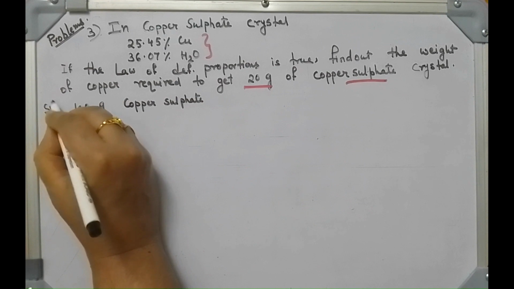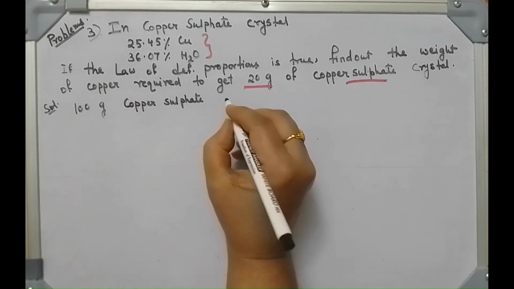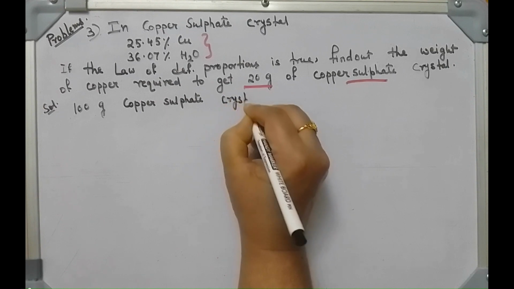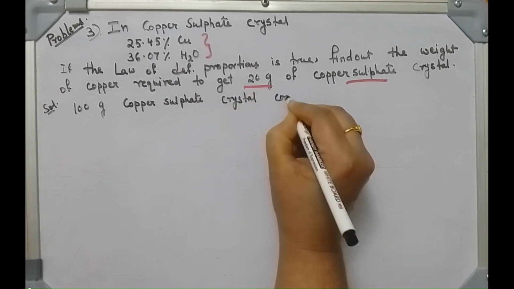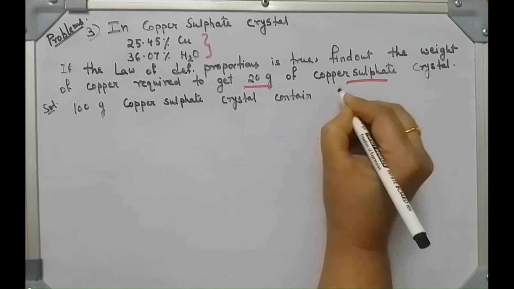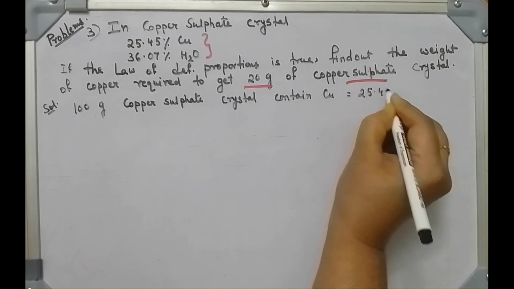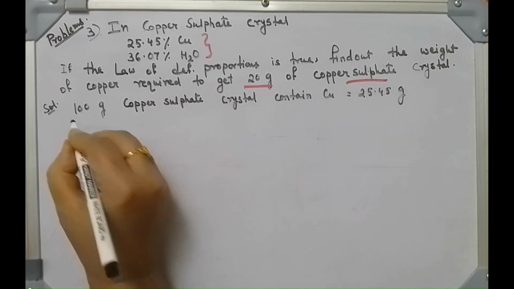This is the solution. Copper sulfate crystal contains copper 25.45 grams.